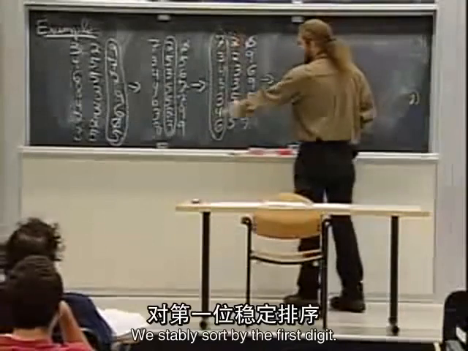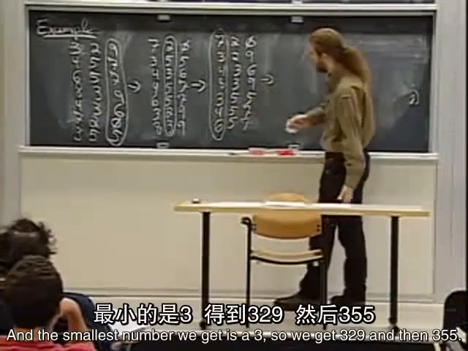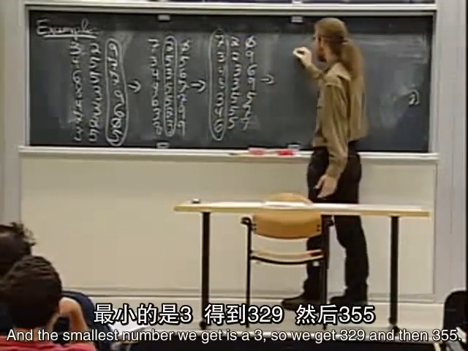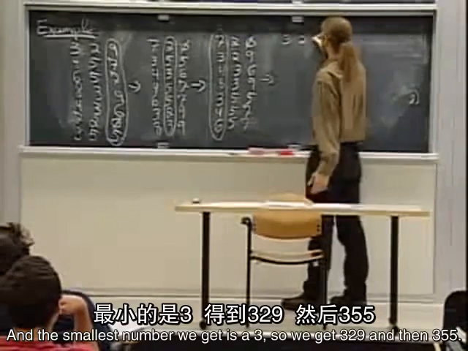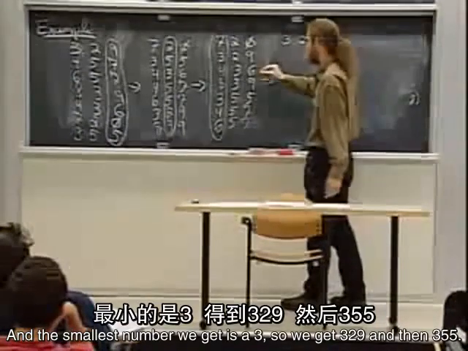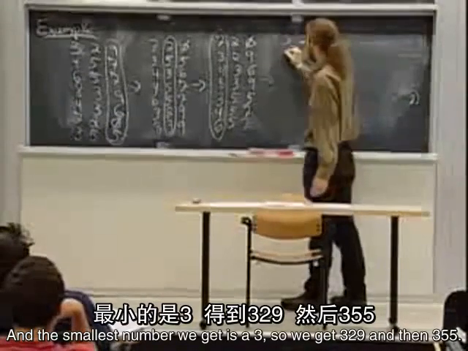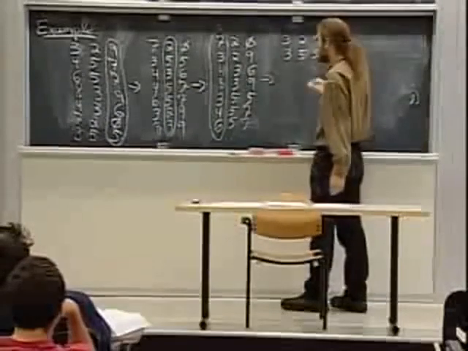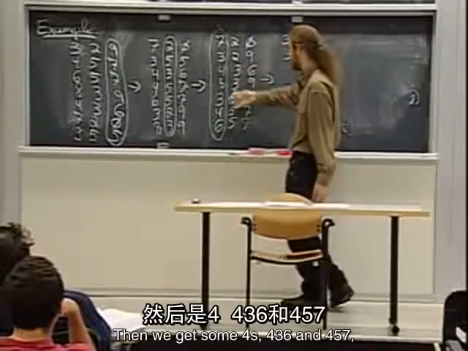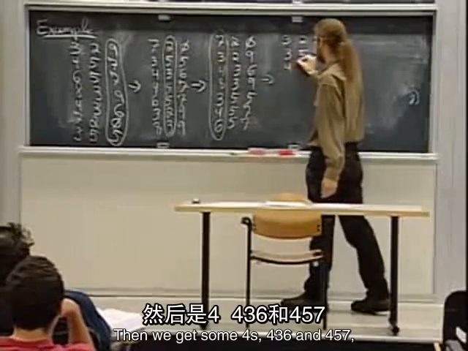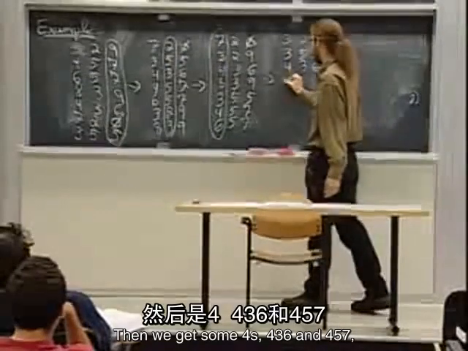So we stably sort by the first digit, and the smallest number we get is a 3. So we get 329, and then 355. Then we get some 4s. We get 436, and 457.